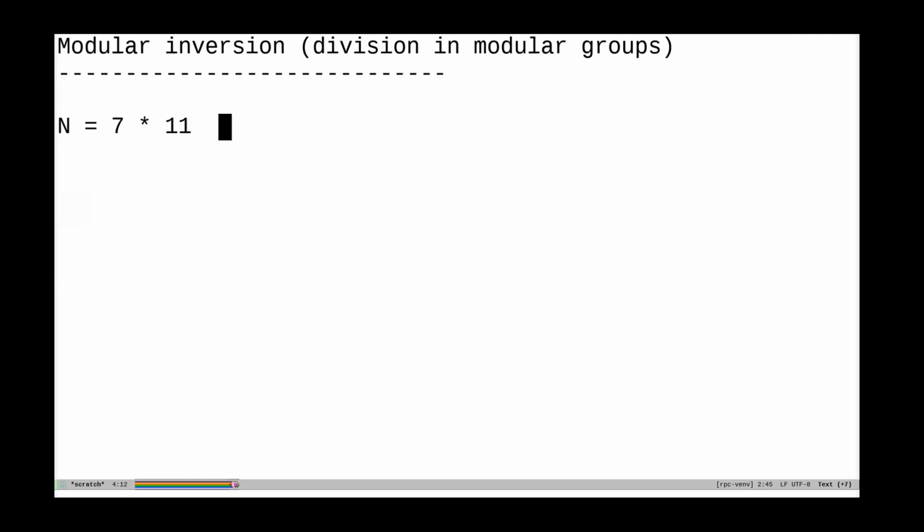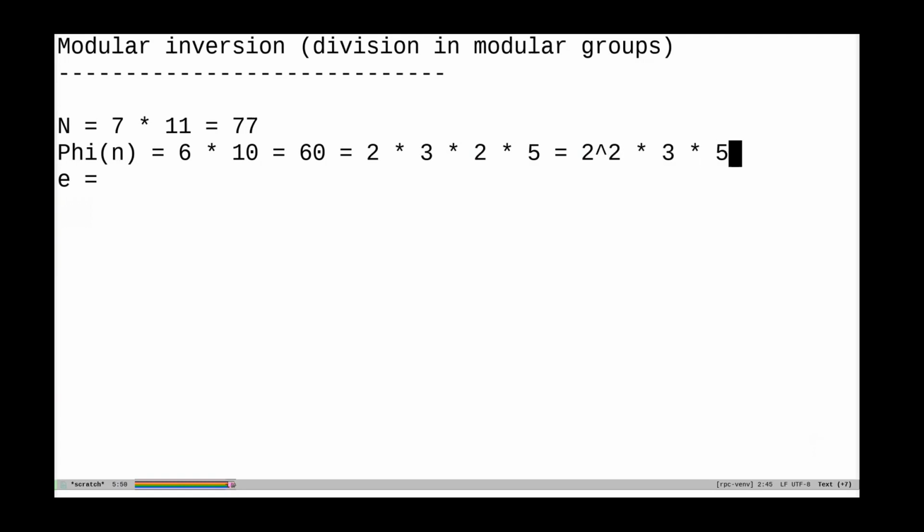So this is a small n, that's 77. This means that phi of n is 6 times 10, so that's 60. And then we get an e, which has to be coprime with 60. 60 is 2 times 3 times 2 times 5, so 2 squared times 3 times 5.